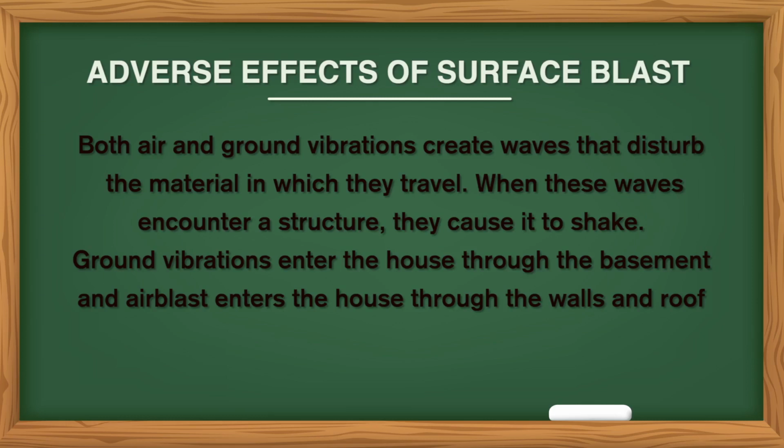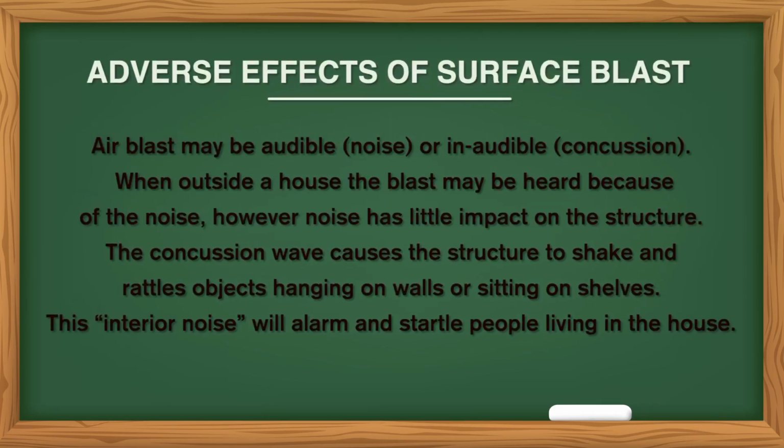When these waves encounter a structure, they cause it to shake. Ground vibration enters the house through the basement and air blast enters the house through the wall and roof. Air blast may be audible noise or inaudible concussion. Outside a house the blast may be heard because of the noise.